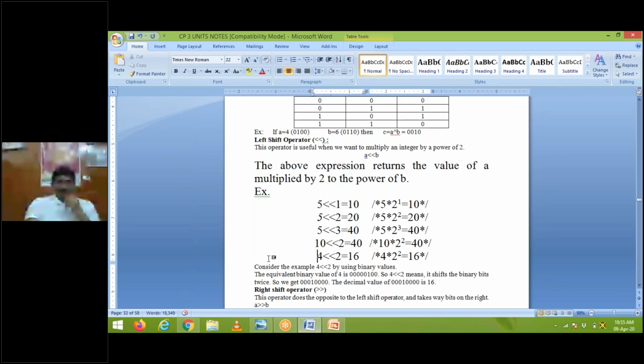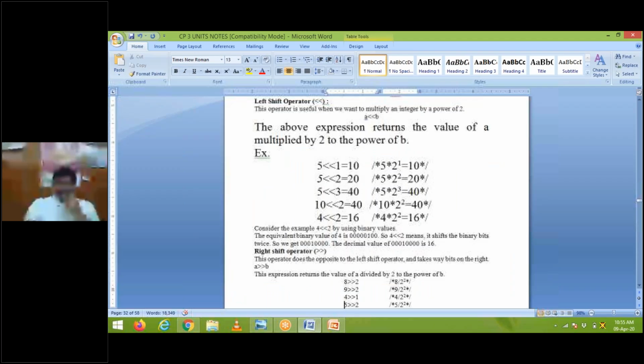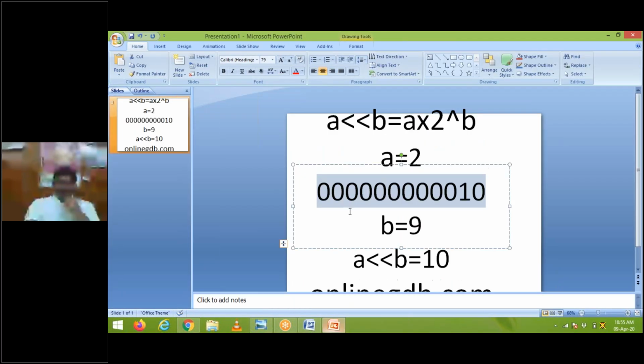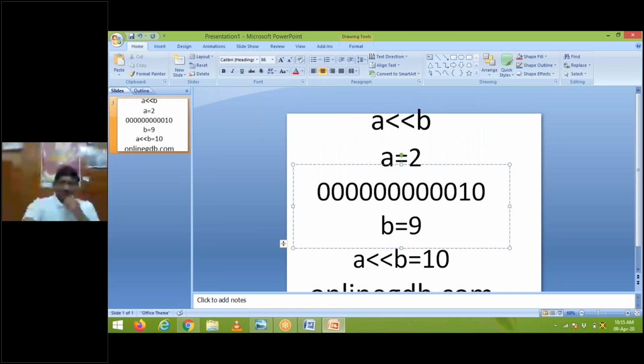And next, coming to the next point, the right shift operator, that means greater than greater than. Actually I discussed these topics earlier.